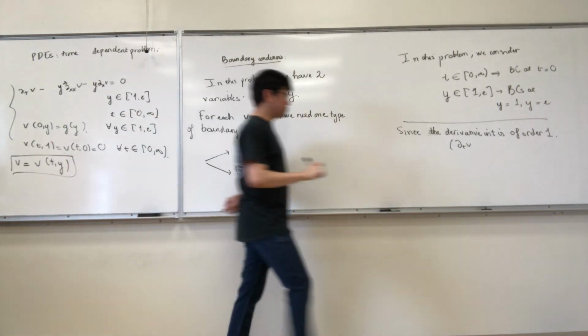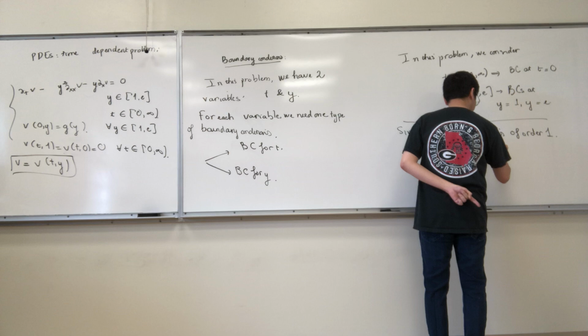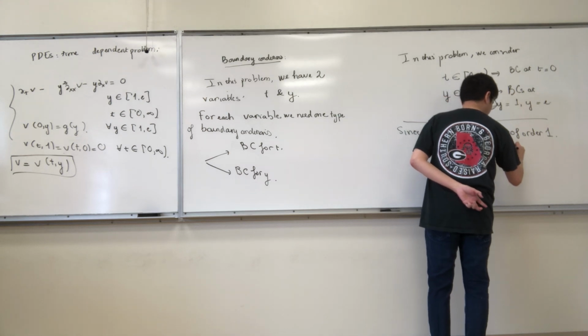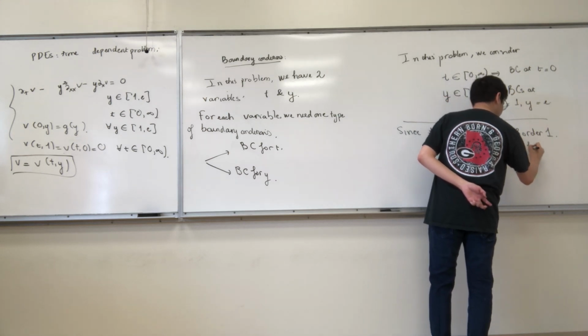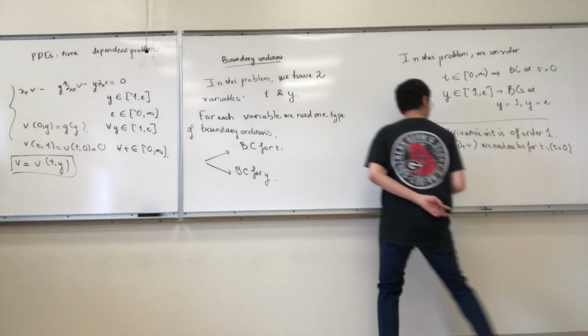Since the derivative in t is of order 1, we need one boundary condition for t, t is 0.